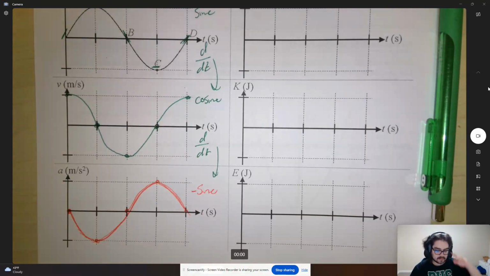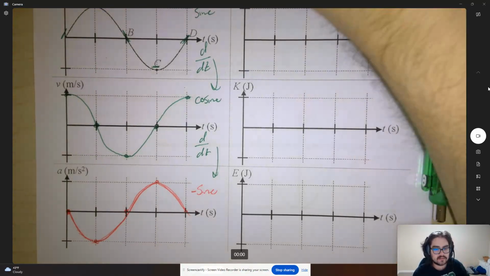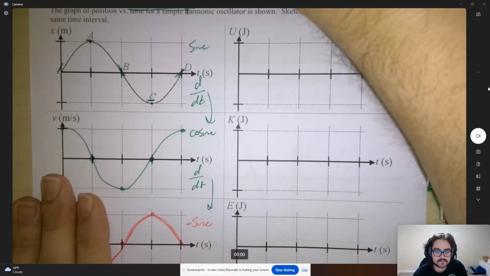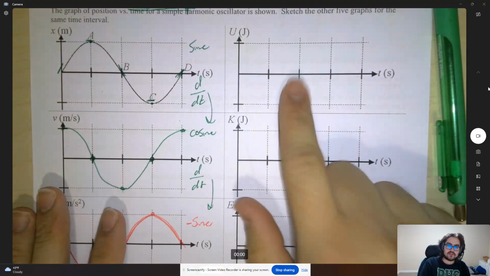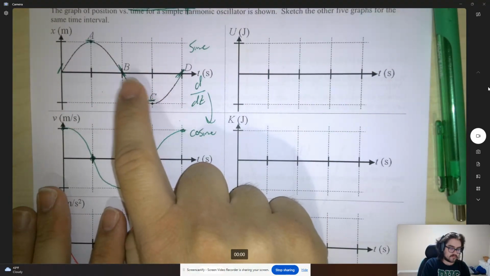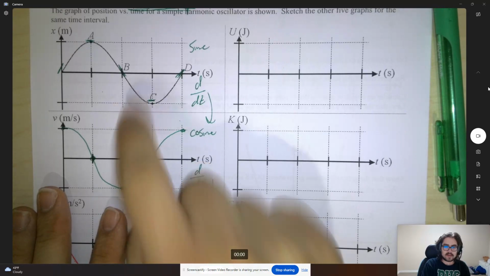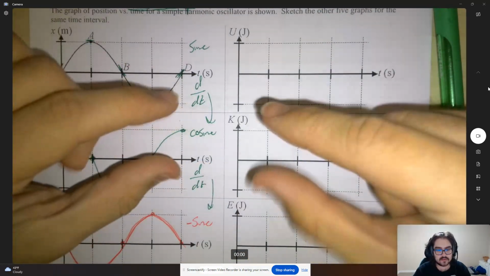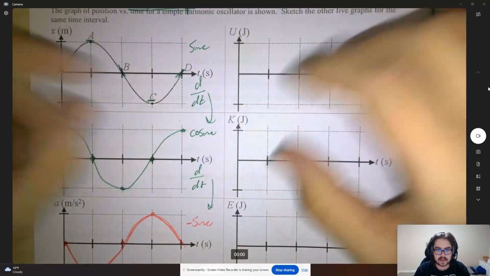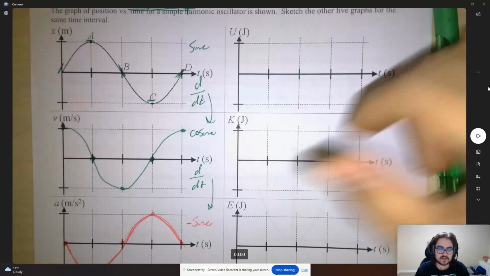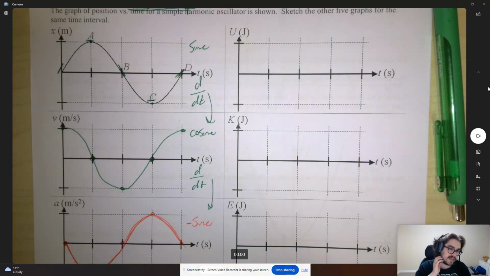The energy, there's not really a trick to it. There is kind of a trick to it. Potential energy should increase the further you are from equilibrium. If you think of a spring mass oscillator, with a spring at its default length, you put a mass on it and stretch it, you're giving it a lot of elastic potential energy.